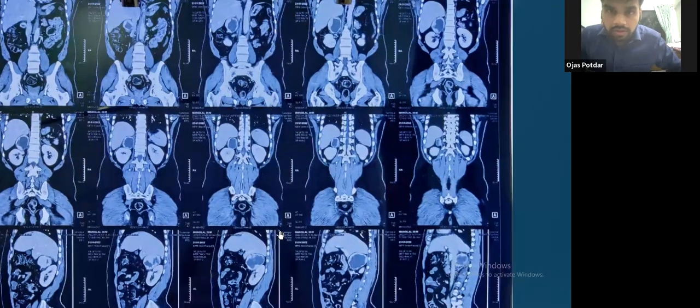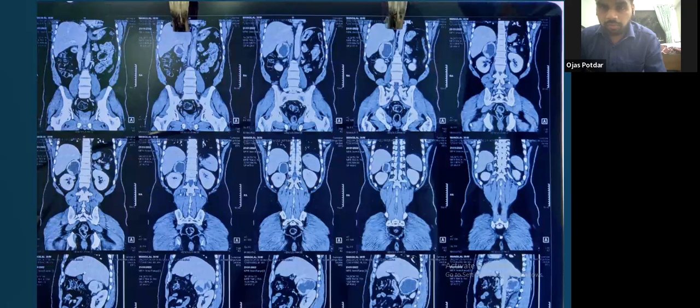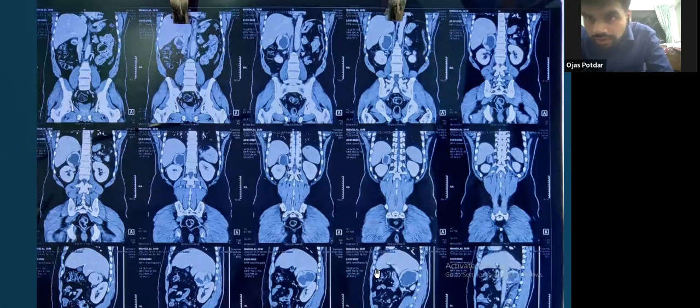In the contrast films, the liver and spleen are normal. Both kidneys are normal. The right suprarenal mass has a peripheral rim of enhancement with a central hypodense area with low density, and this is early arterial phase, I think. The rest, kidneys and everything, is normal.